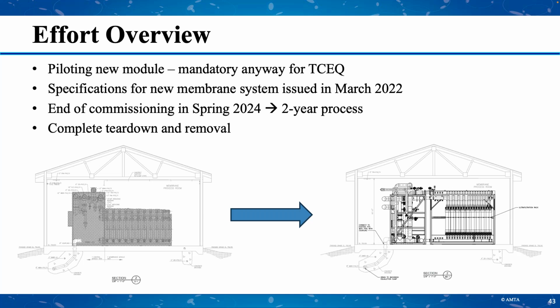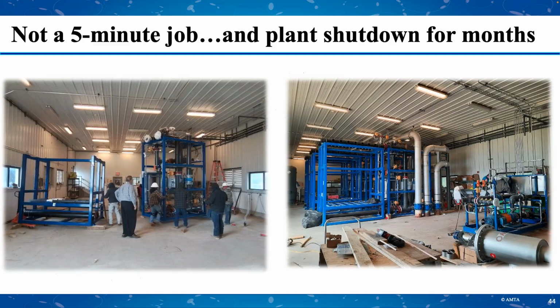You have to write specifications, to issue specifications for new membrane systems. That was done in March 2022. By the time everything was said and done, the plant was finishing commissioning in the spring of 2024. So you're looking at a 2-year process, and you have a complete tear down and removal of the existing facility, which didn't really need to be done if membranes had been available.